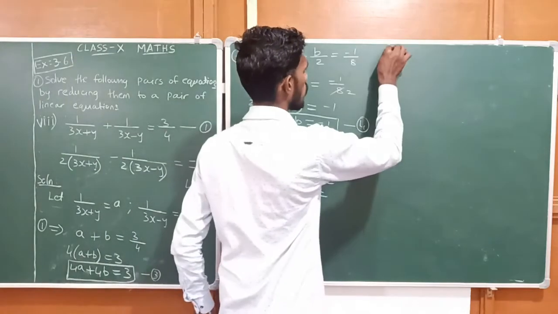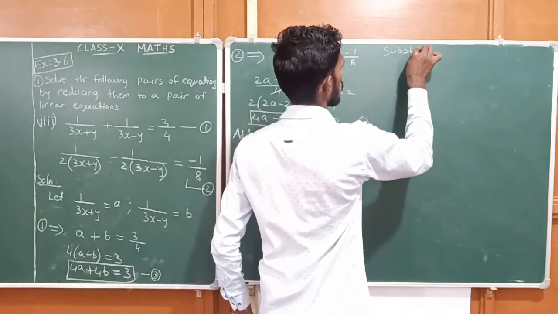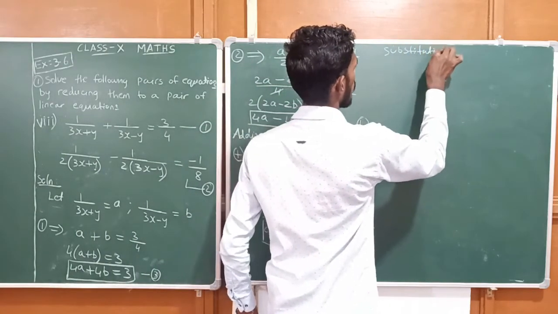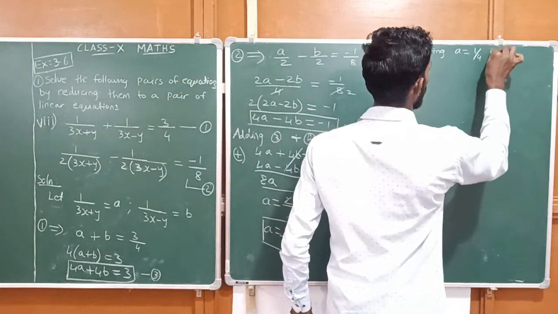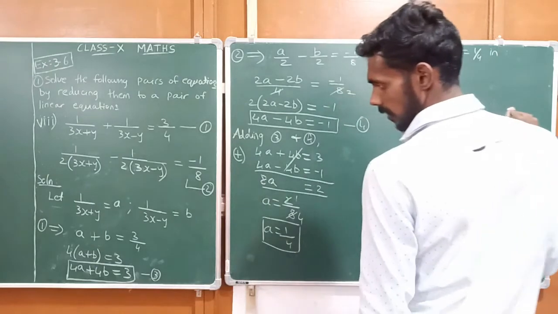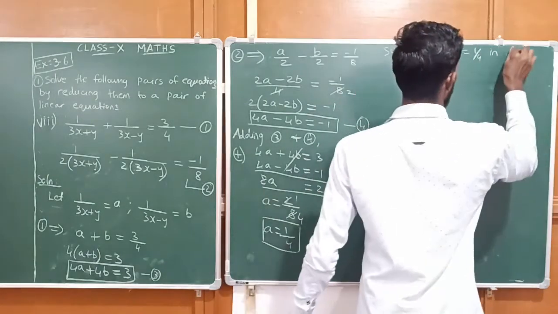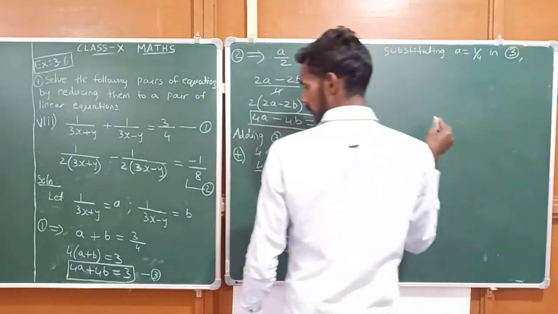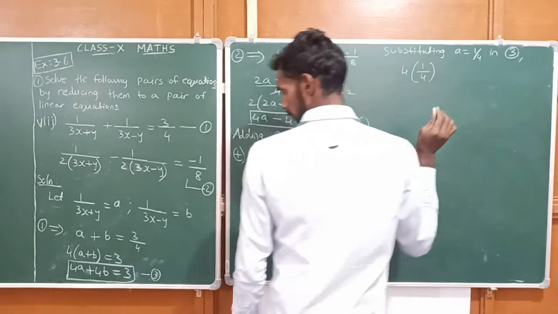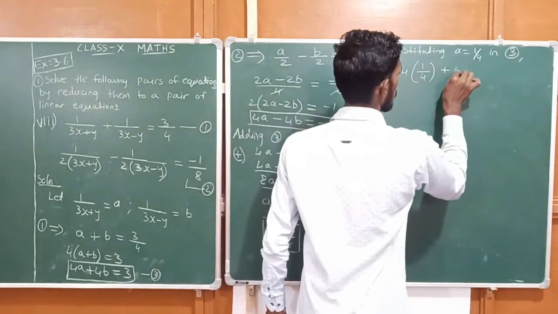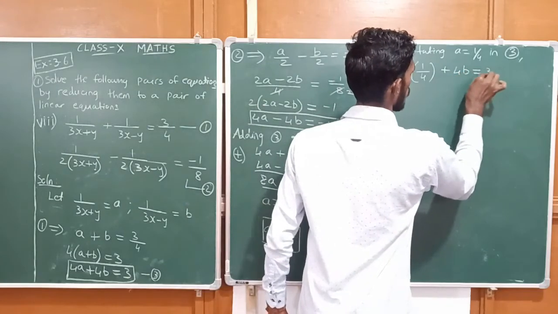Now substituting a is equal to 1 by 4 in equation number 3. 4 into a, that is 1 by 4, plus 4b is equal to 3.